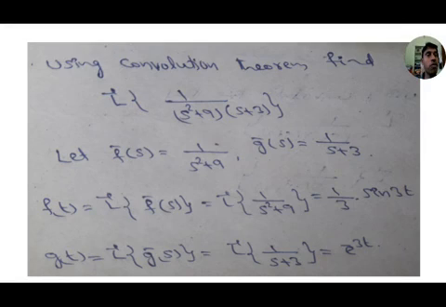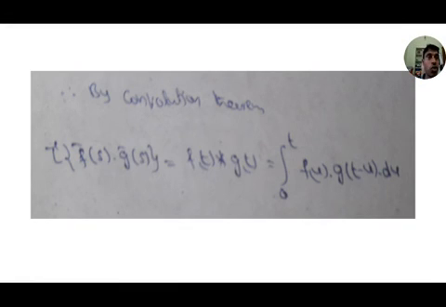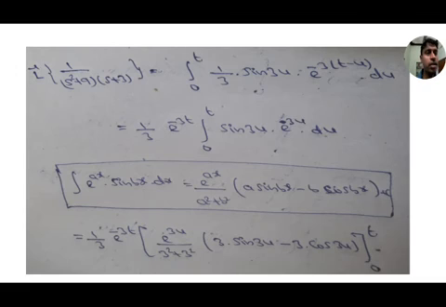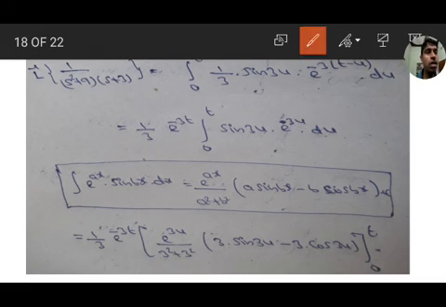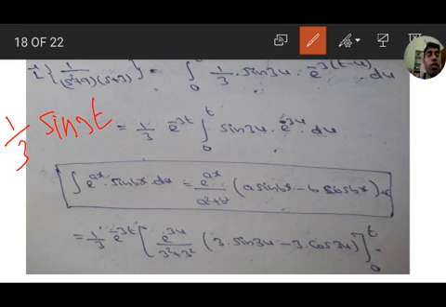Then by using the convolution theorem, L inverse of f bar s into g bar s equals f of t star g of t, equal to integral from 0 to t of f of u into g of t minus u du. So substitute the f of u value and g of t minus u value, simplify, then integrate. Here f of t equals 1 by 3 into sin 3t; f of u means in the place of t substitute u.